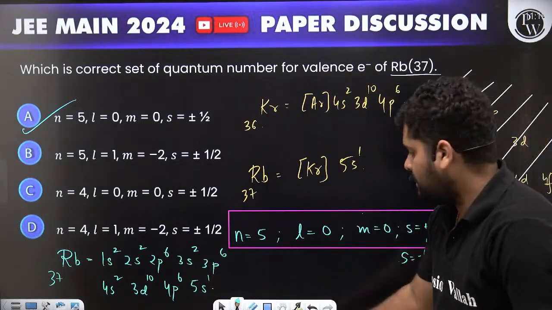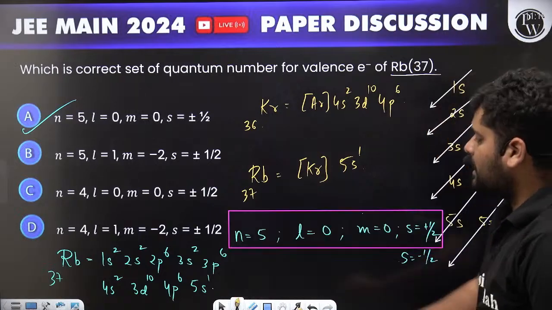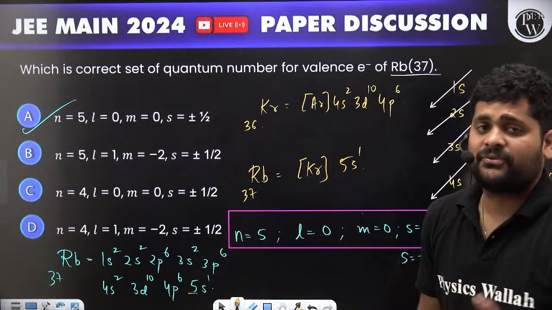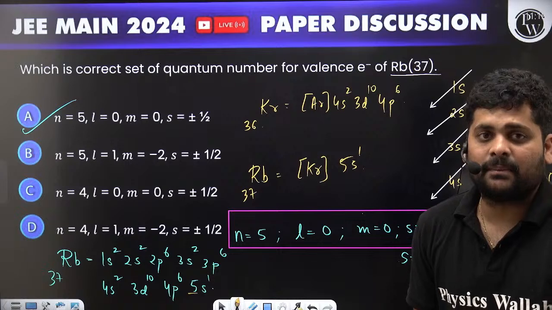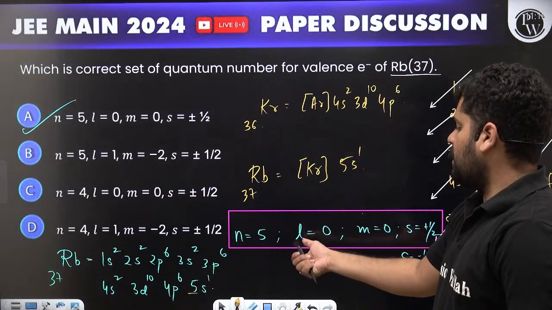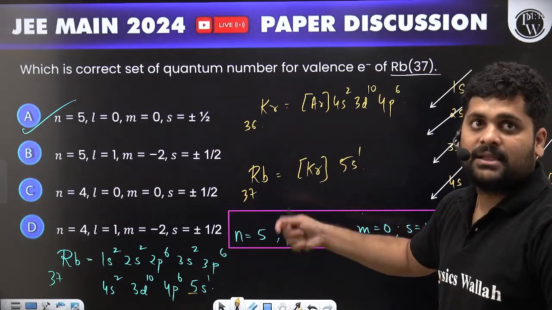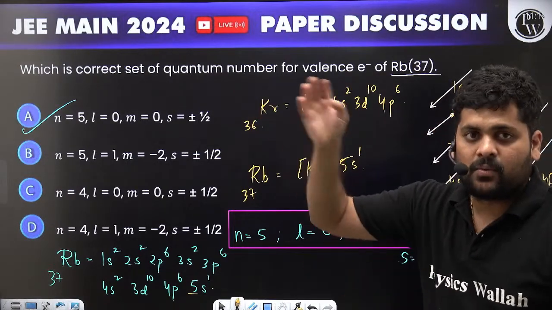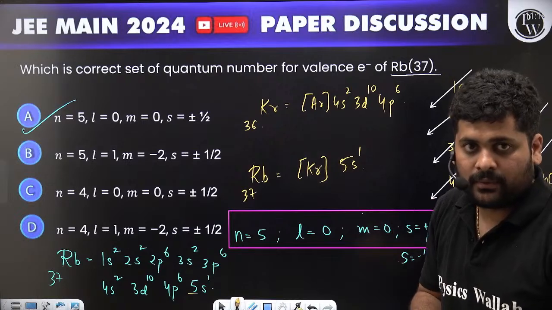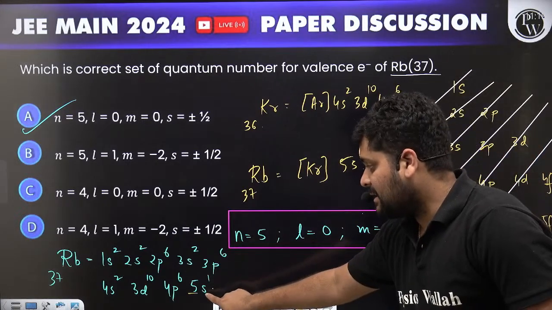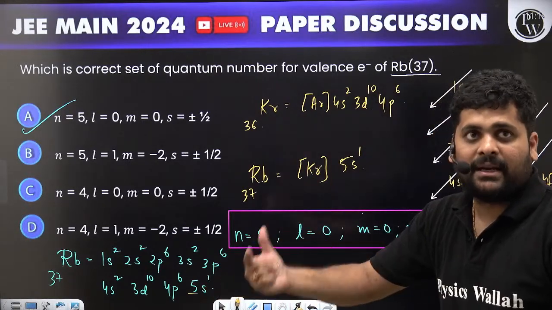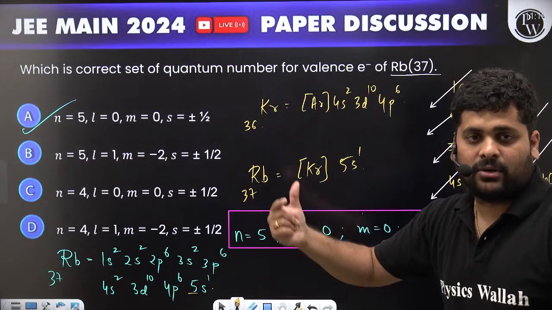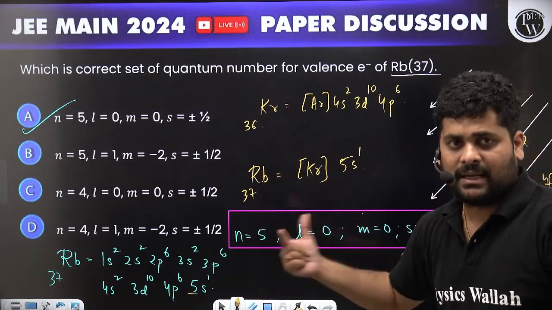What is the principal quantum number given over here? Principal quantum number is 5. If principal quantum number is 5, the range for azimuthal quantum number is 0 to n minus 1, so 0, 1, 2, 3 and 4. S denotes 0, P denotes 1, D denotes 2, F denotes 3 and so on.